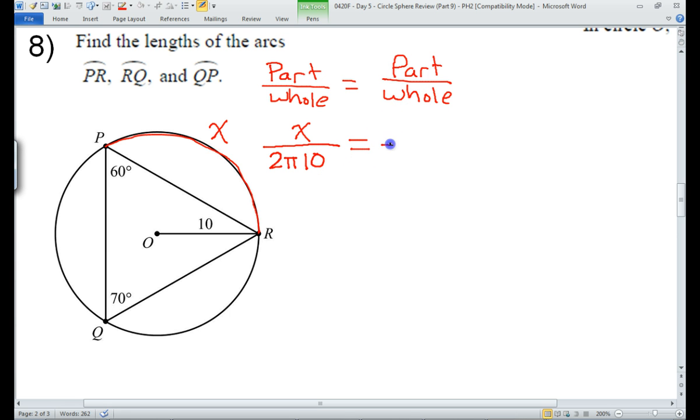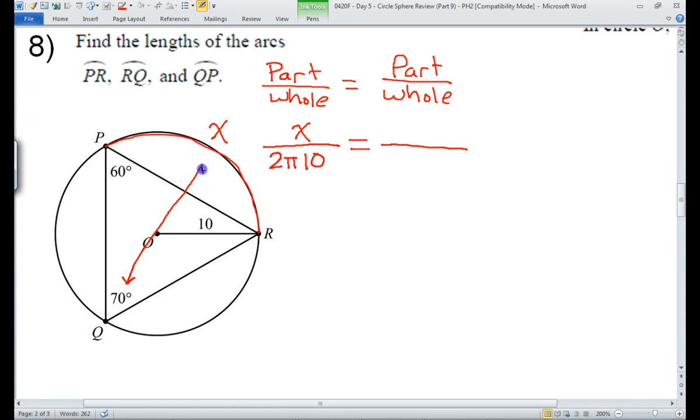Now, on the right-hand side, we're going to do part over whole degrees. Now, what are the degrees of this arc? Now, let's be careful. In the past, we've had problems where the central angle was given, and the angle and the arc were the same thing. But in this case, the angle that matches with this arc is an inscribed angle all the way over here on the edge of the circle.